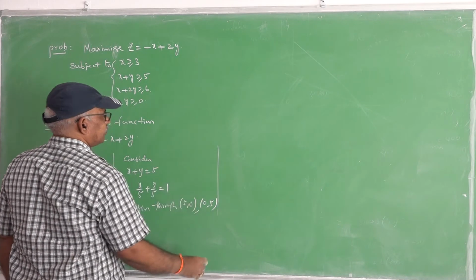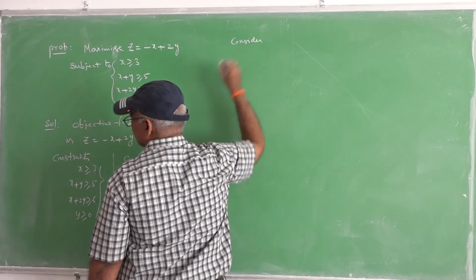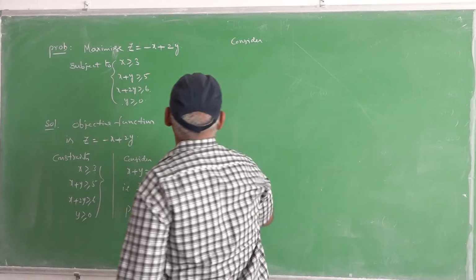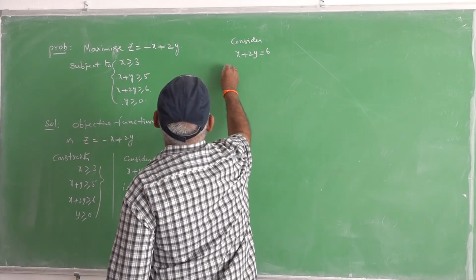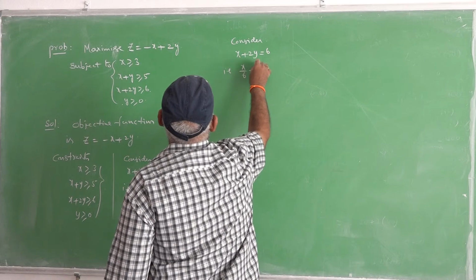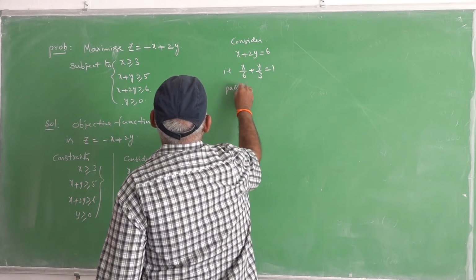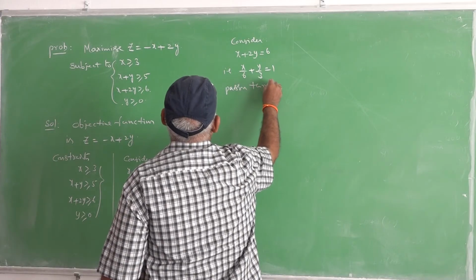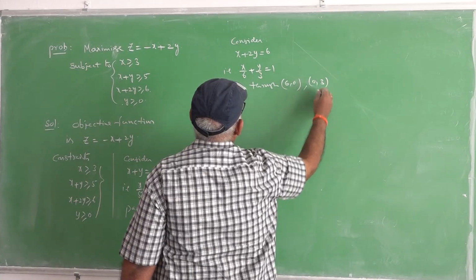Again consider the other line, x plus 2y equal to 6. That is x by 6 plus y by 3 equal to 1. That passes through (6, 0) and (0, 3).